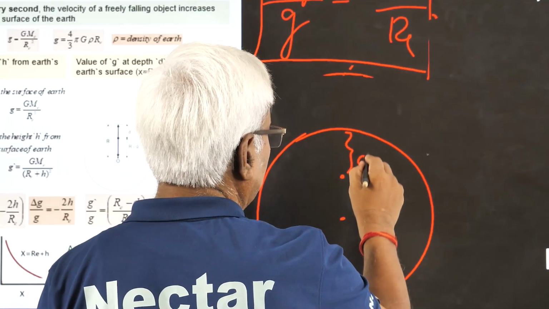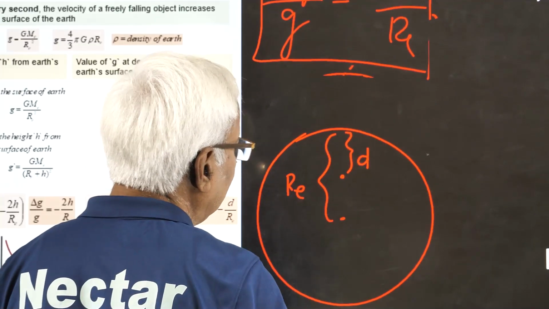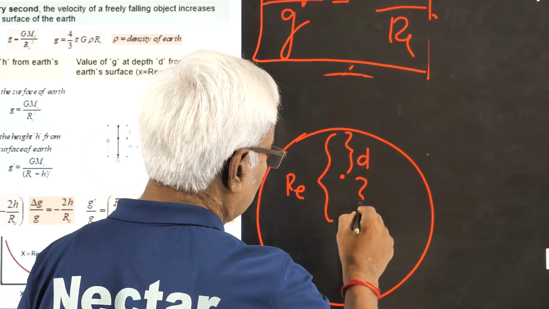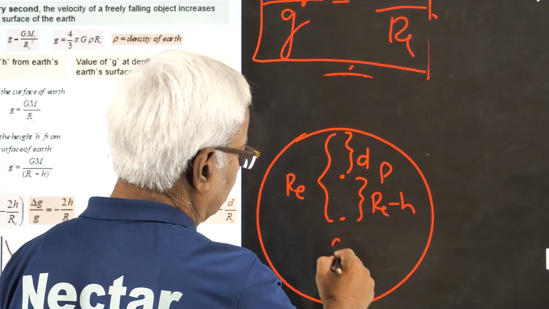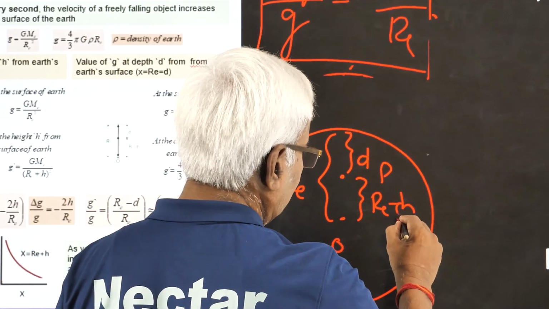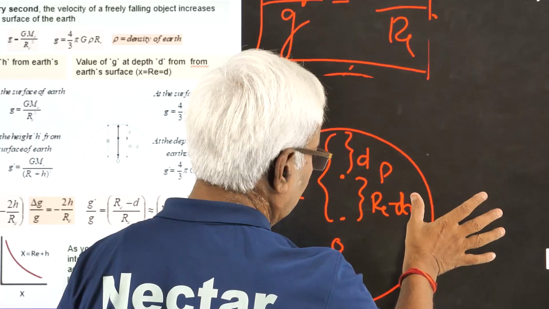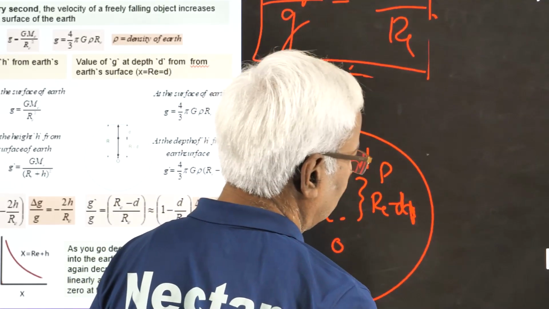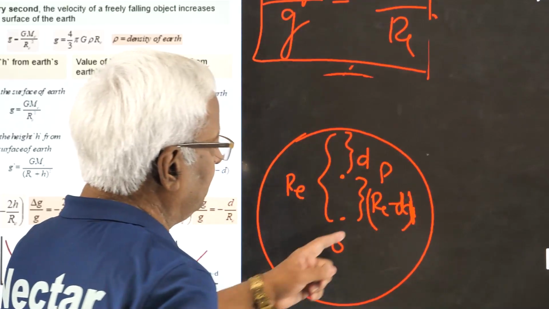This is at a depth d, and the whole radius is RE. Then the distance of the point from the center is going to be RE minus d. This is d, and this is RE minus d.